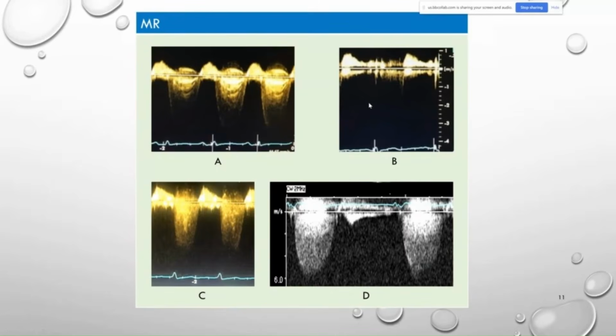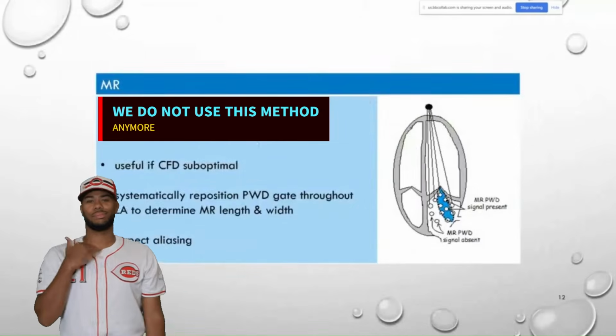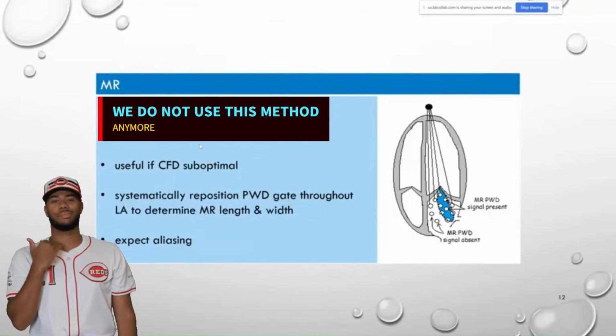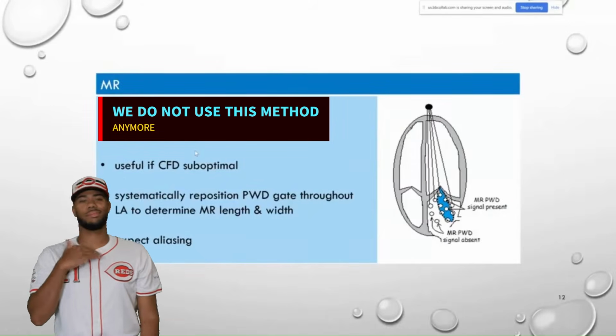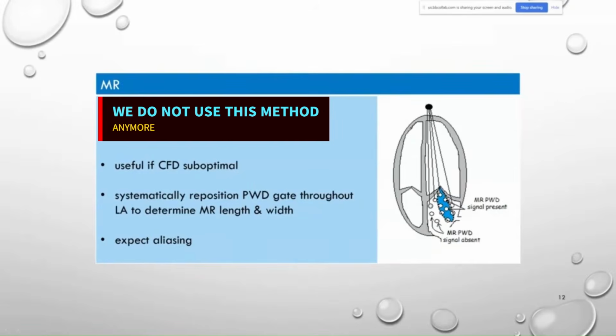So let's talk about the pulse wave Doppler mapping. By the way, we do not use this method anymore. If your color flow Doppler is not good, you can use the pulse wave and put the gate in different places in the atria to get an idea of how bad the MR is. Why would we use it?